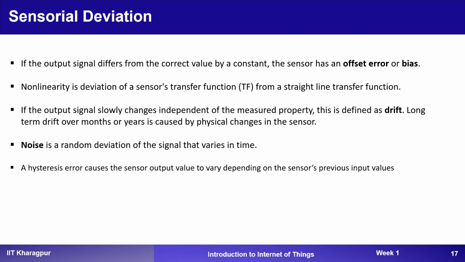Third, if the output signal slowly changes independent of the measured property, then this is called drift. Long-term drift over months or years is caused by physical changes in the sensor. Basically this is because your sensor becomes faulty.